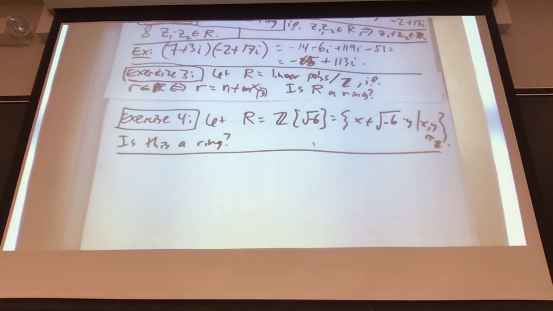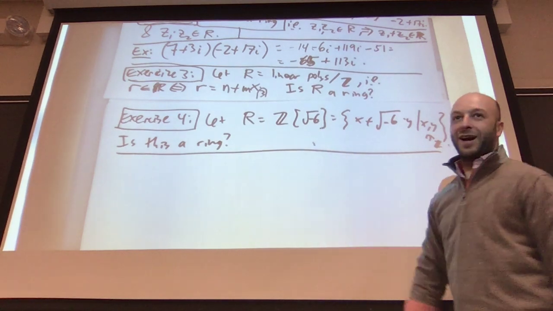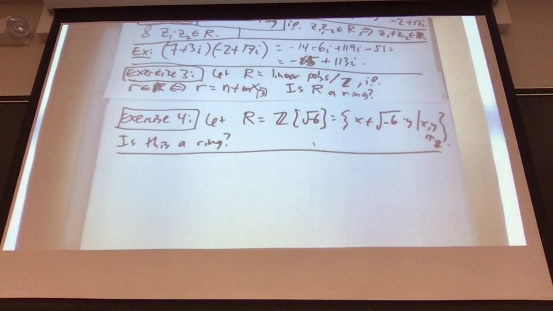Does anybody know if this is a ring? Yeah, it has an i in it. It has a root 6 i in it. Alex? Well, you multiply the two y's. Yes.